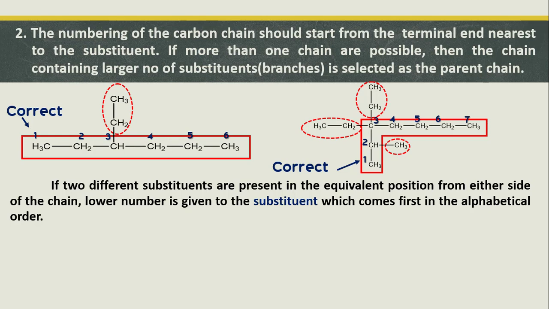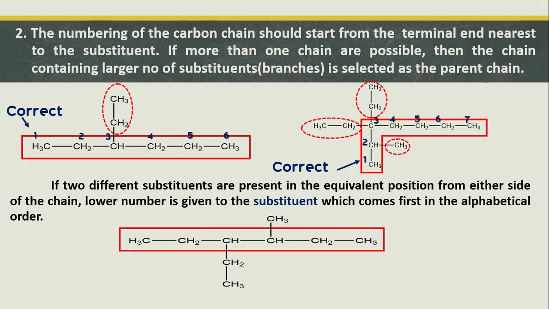This chain contains two substituent groups. This is the parent chain, which is a linear chain, and it contains two substituents. Here, one substituent lies on the third position and another substituent lies on the fourth position.